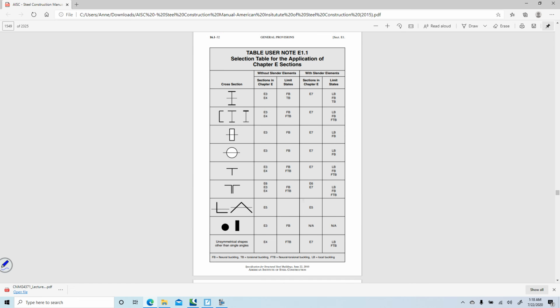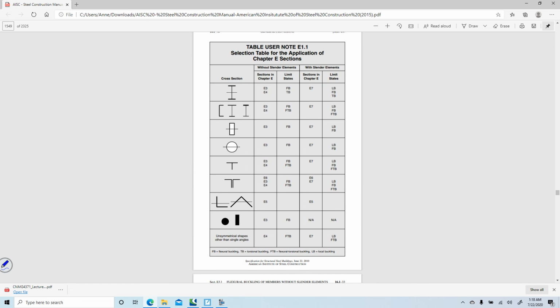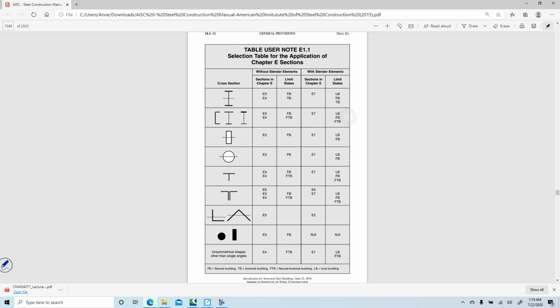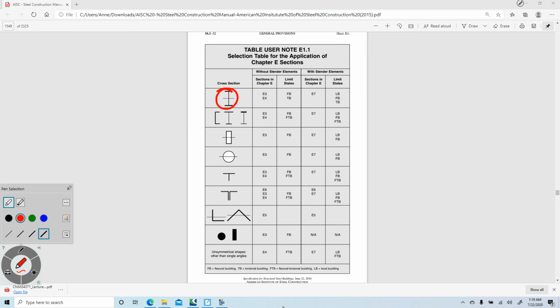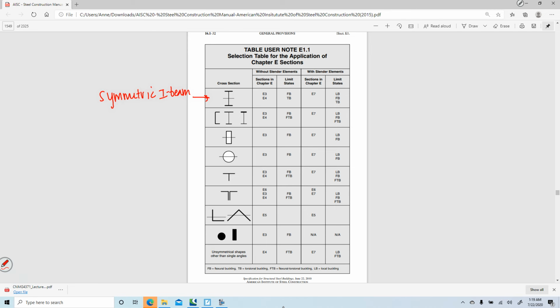Here is the user note. It's on page 16.1-34. Hopefully there's not much difference. So if you look at the first one here, this is a symmetric I-beam, so any of your rolled W shapes, right?